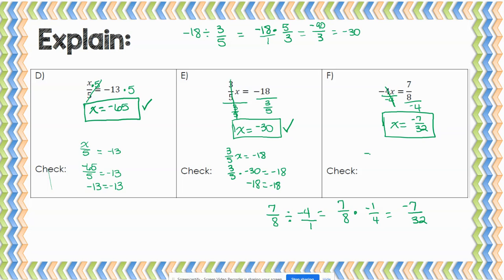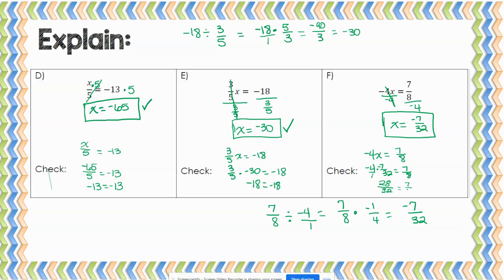If I check this, I would just do negative 4x equals 7/8. So I would plug in negative 7/32, and I would see if I get 7/8. Well, this is technically over 1. So negative 4 times negative 7 is 28, and 1 over 32 is 32.